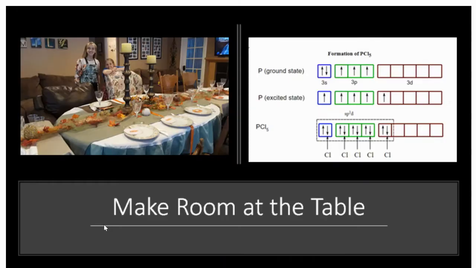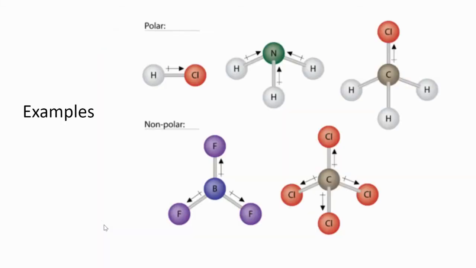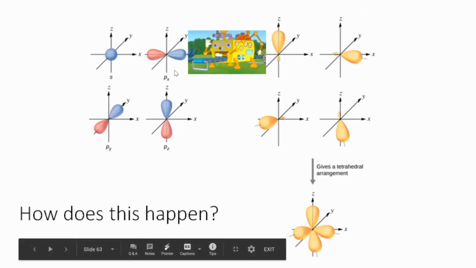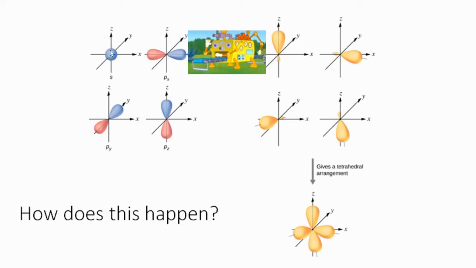Okay, so to explain that, and you don't have to listen to any of this anymore. The rest of this is not on the test. This is just to explain it. Mathematically, the shape of the s is a circle and the p's are dumbbells on the x, y, and z coordinates.